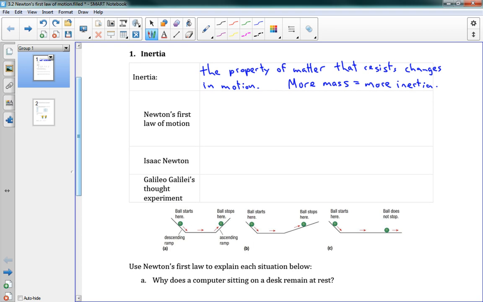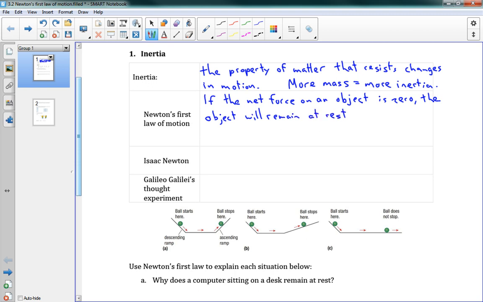Newton formalized the idea of inertia into his first law of motion, saying that if the net force on an object is 0, then the object will remain at rest or it will keep moving at a constant speed.